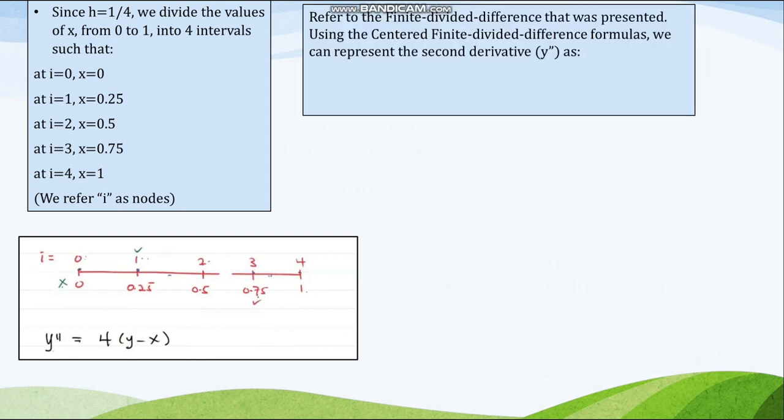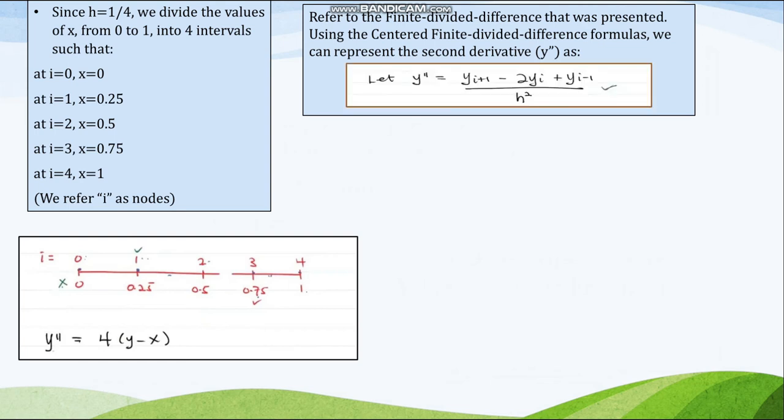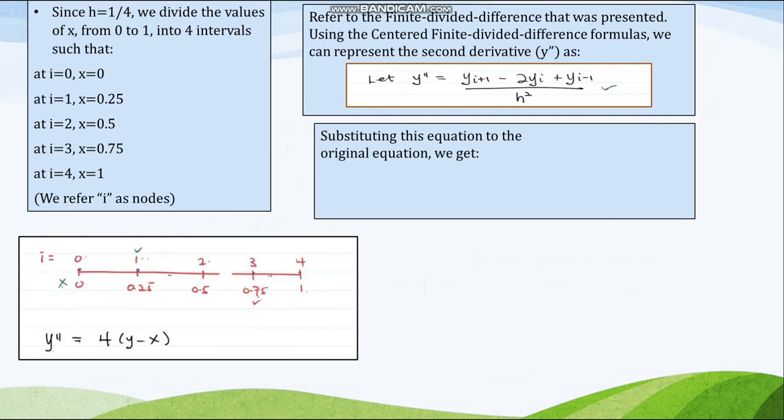Next, we refer to the finite divided differences that were presented. Using the centered finite divided difference formula, we can represent the second derivative, or y double prime, as y sub i plus 1 minus 2y sub i plus y sub i minus 1, all over h squared.